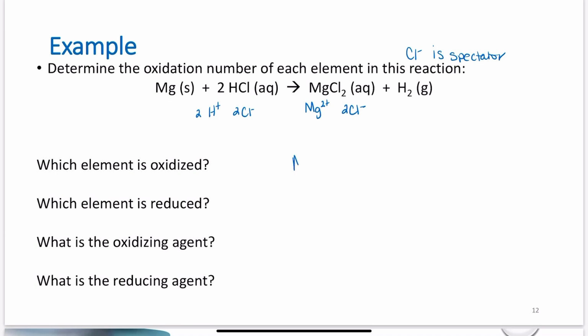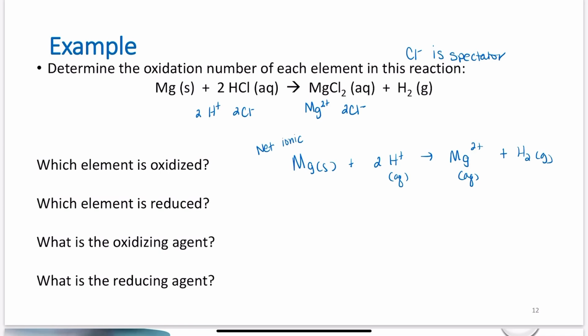I could even rewrite this reaction as Mg solid plus 2H+, giving me Mg2+ and H2 gas, where these are both aqueous species, as the net ionic. And I'll talk about why I do that in a sec, because it might help us identify a little bit of what's going on.